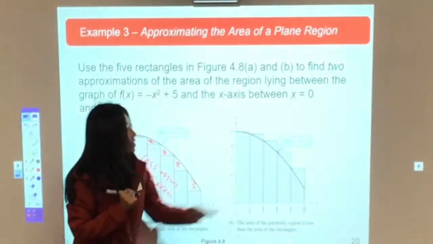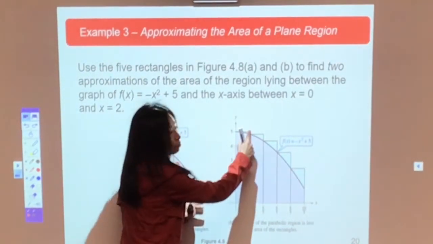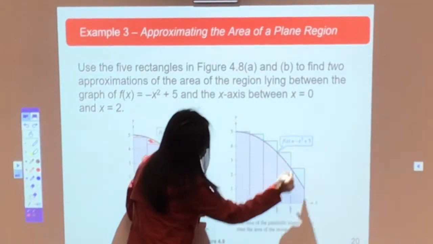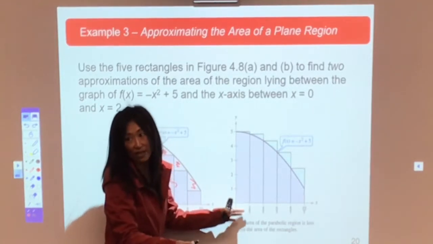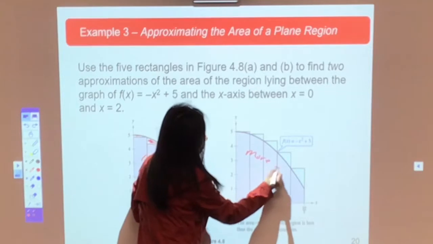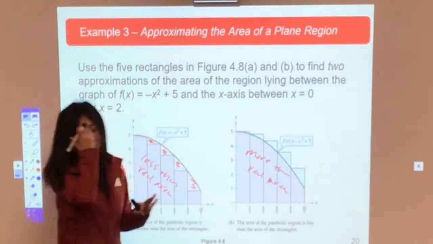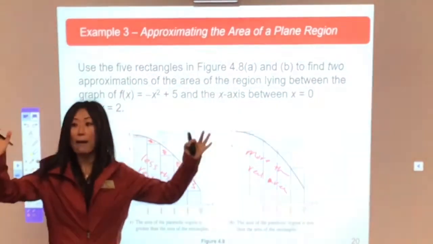What happened to this one then? It's more, because it includes some extra stuff. If I draw my rectangles with the right-hand side, the right endpoint, that covers more than the real area. Is everybody with me? So what I can do is give you a boundary.